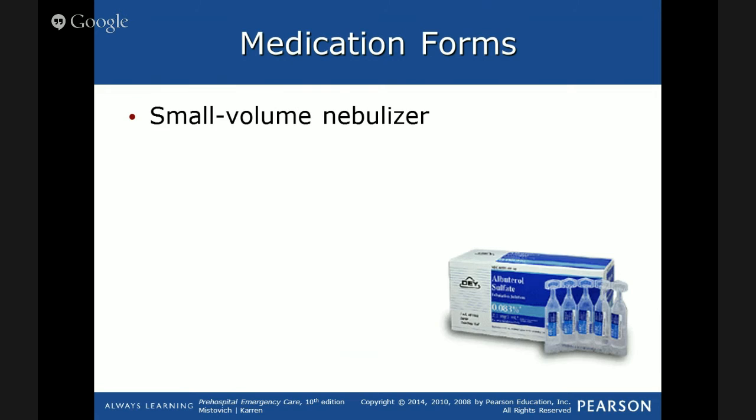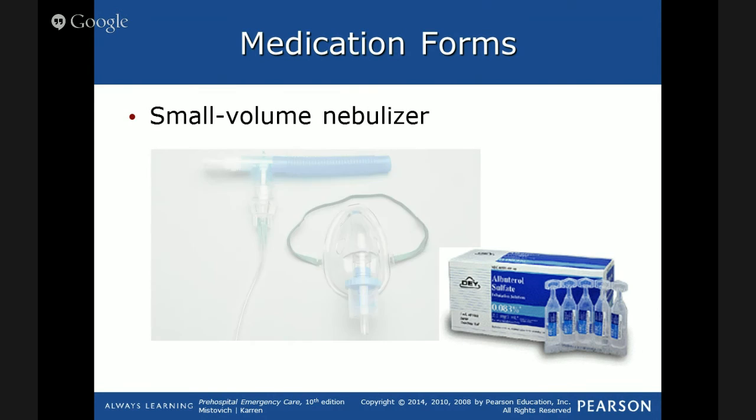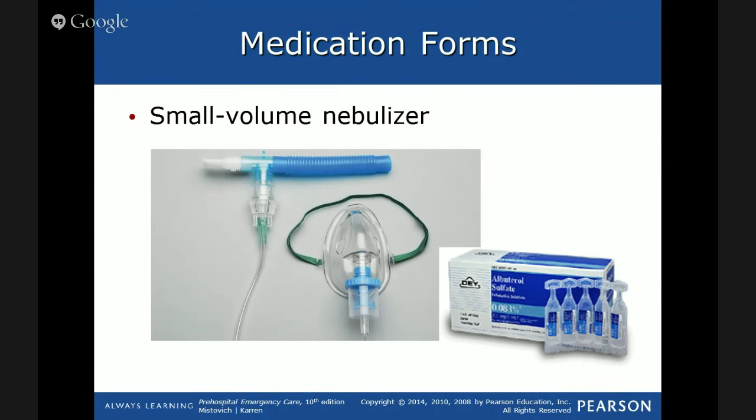With a small volume nebulizer, we nebulize the medication using either just straight air, or oftentimes 100% oxygen, and we're going to increase the oxygen levels and give the medicine at the same time for a double bonus.